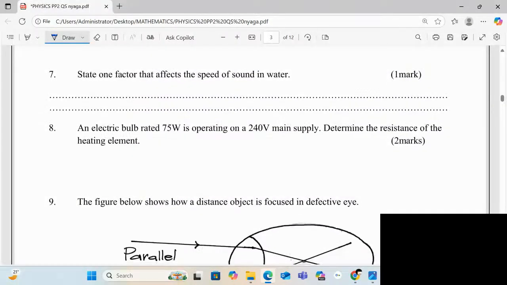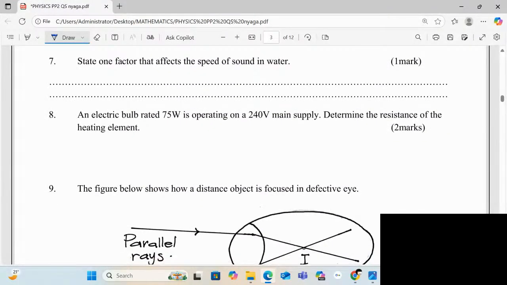State one factor that affects the speed of sound in water. So now we know that we have several. We have temperature of the water.